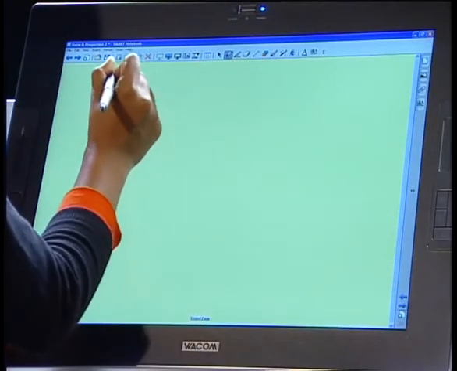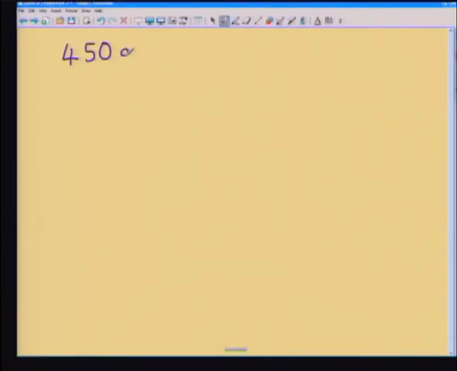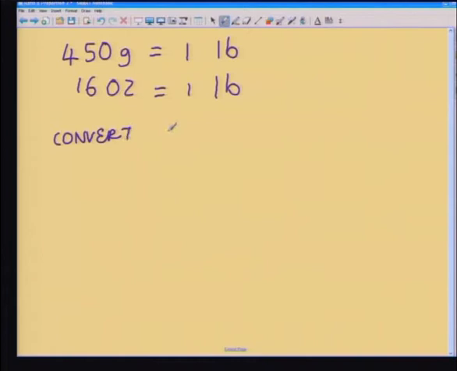We're told that 450 grams is equal to 1 pound, and 16 ounces is equal to 1 pound. You are asked to convert or change 150 grams, and the unit that they want you to end up with is ounces. Okay, so you're going from grams to ounces.